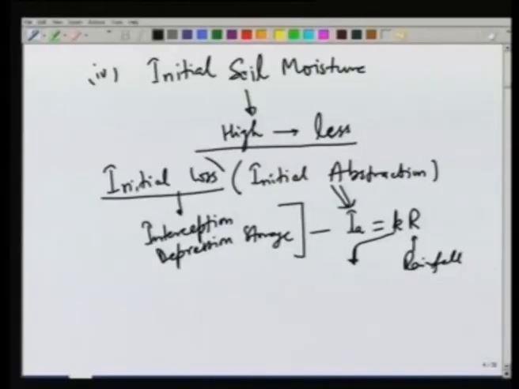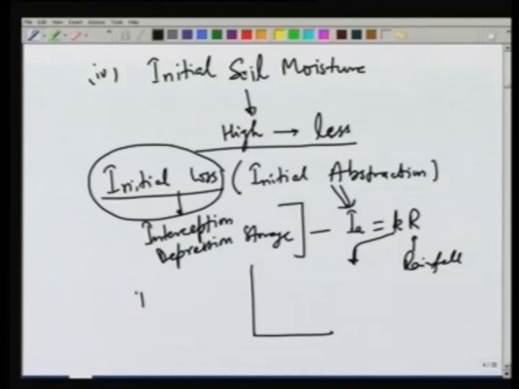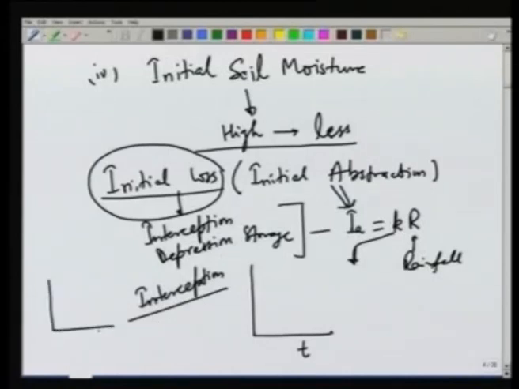This initial loss varies with time. So, let us talk about the interception and see how it varies with time. And with time, the rainfall intensity is also an important parameter. The rainfall intensity may be changing with time, and it may be idealized like this.